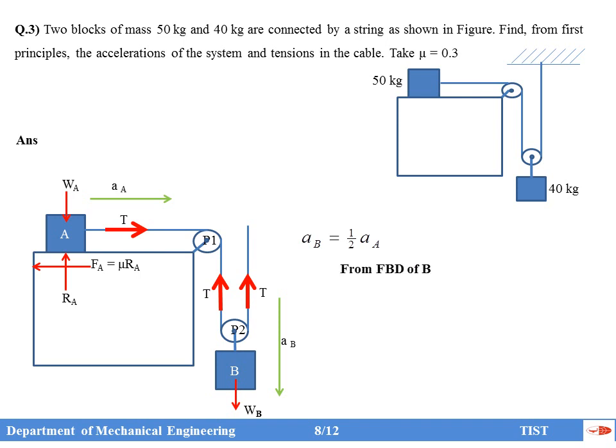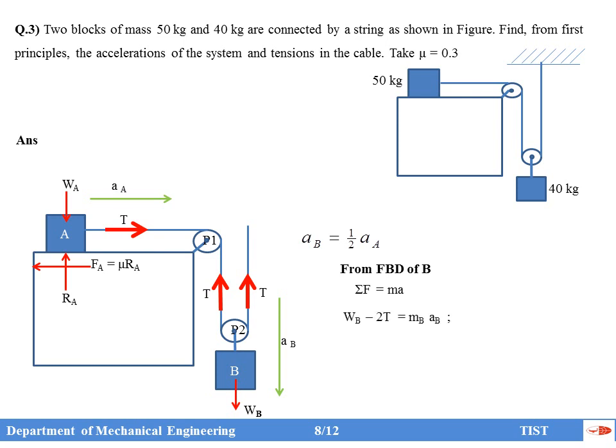Now from the free body diagram of block B, we can write WB is positive, 2T is negative. The resultant force in the direction of acceleration is equal to mass into acceleration.